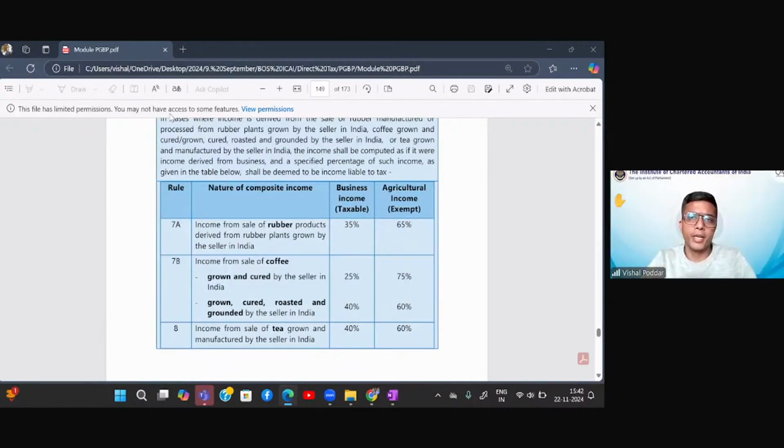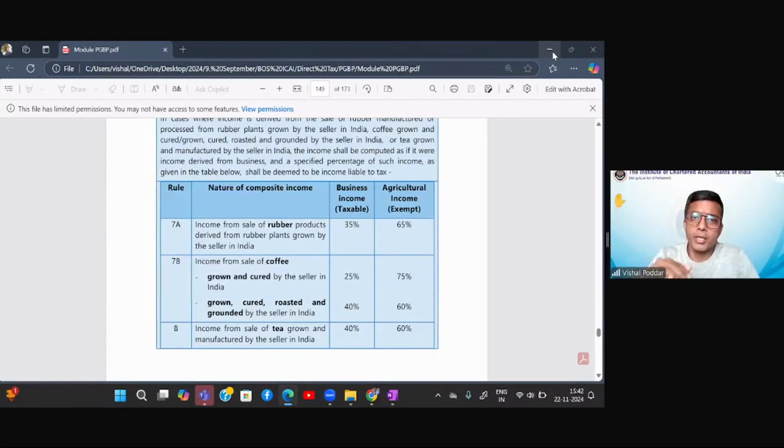So first part is agriculture, which is growing of the tea leaves. Then the tea leaves are plucked from there and they go to the factory. Over there, processing is done to convert it into the tea granules, what we get at our home, what we call as chai patti or tea powder. So this particular tea powder or tea granules are manufactured.